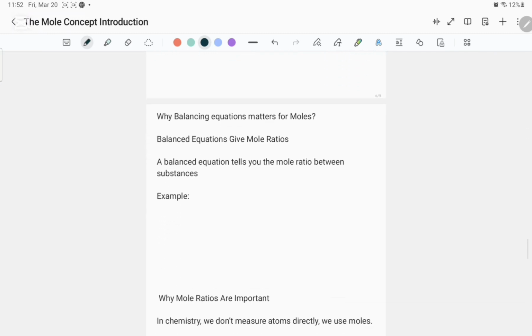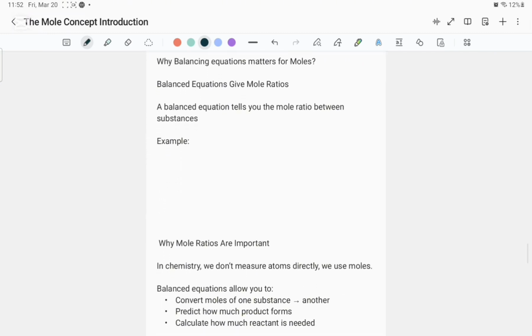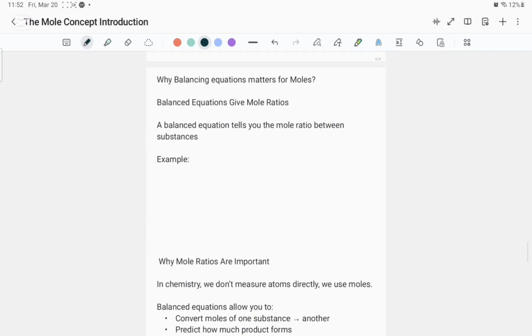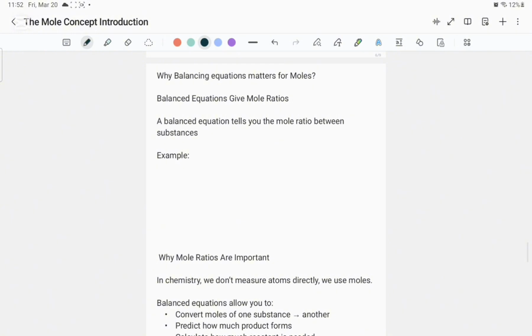Now, why is this important to moles? Why does balancing an equation matter for moles? So when we balance a chemical equation, it gives us the mole ratio. A balanced chemical equation tells you the mole ratio between substances.